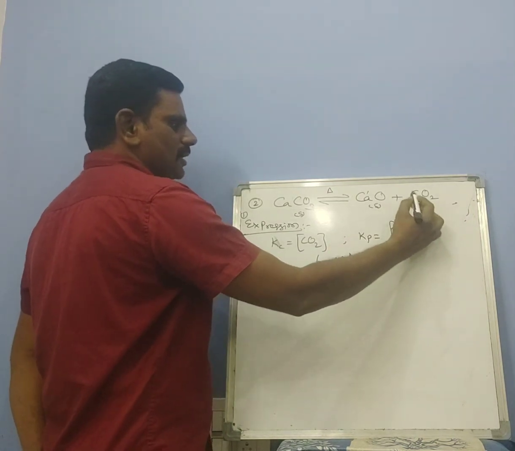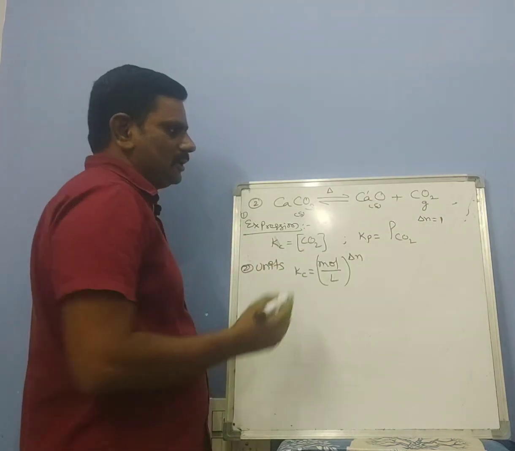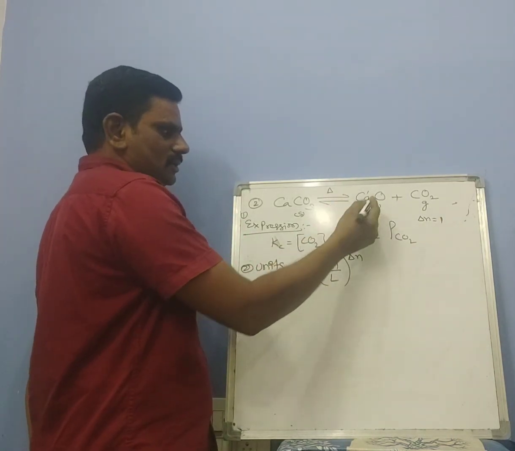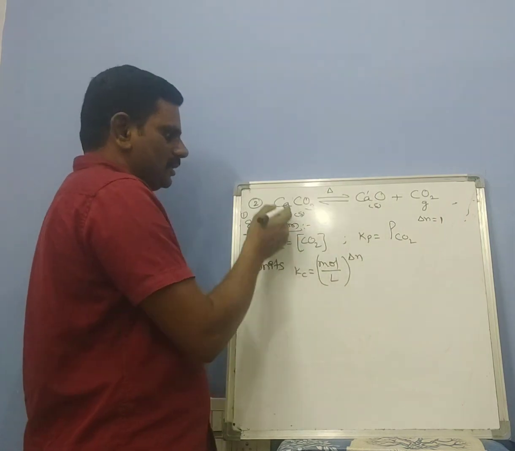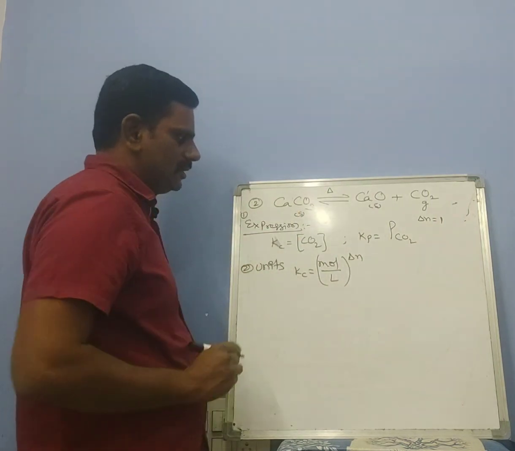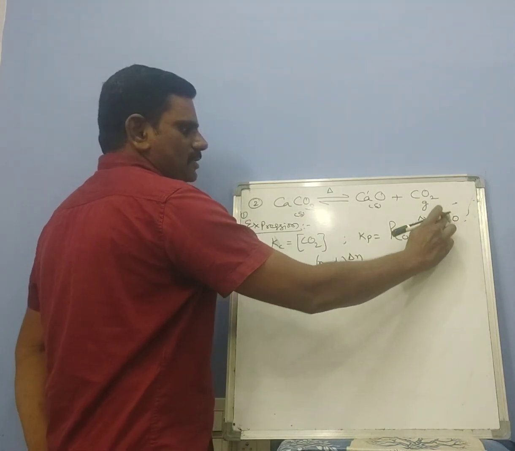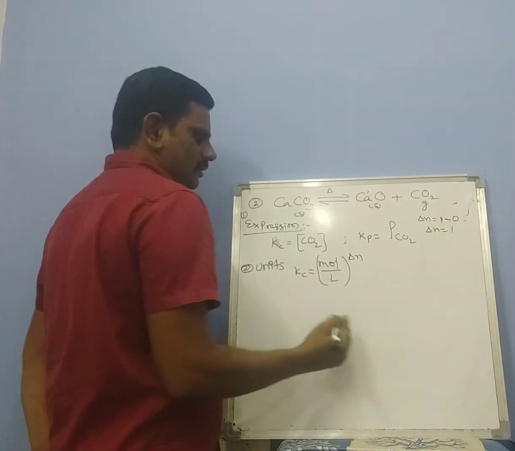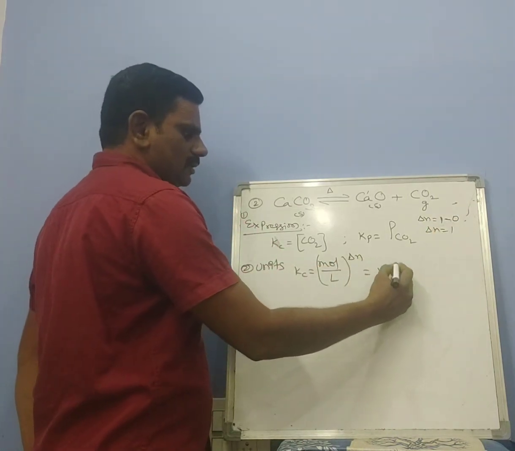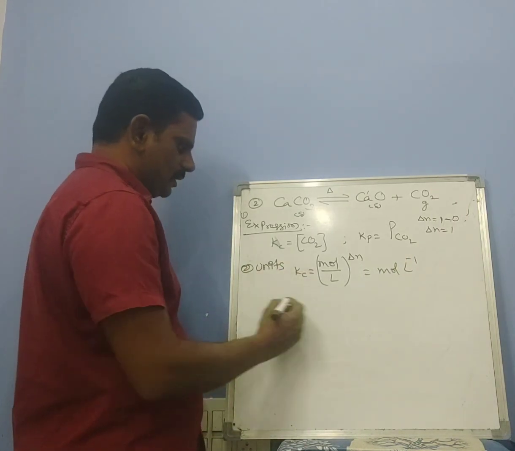Number of moles of gaseous products is 1. For reactants it is 0, as there are no gases on the reactant side. So 1 minus 0, delta N value is 1. So moles per liter is the Kc unit.